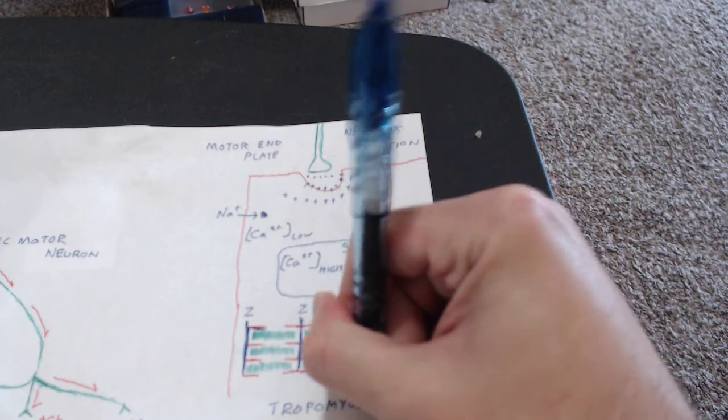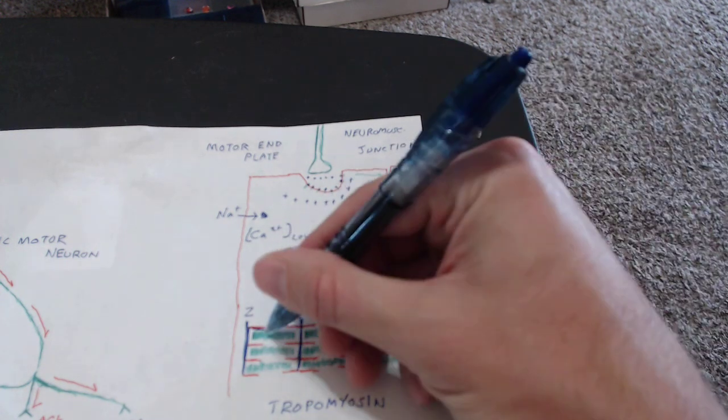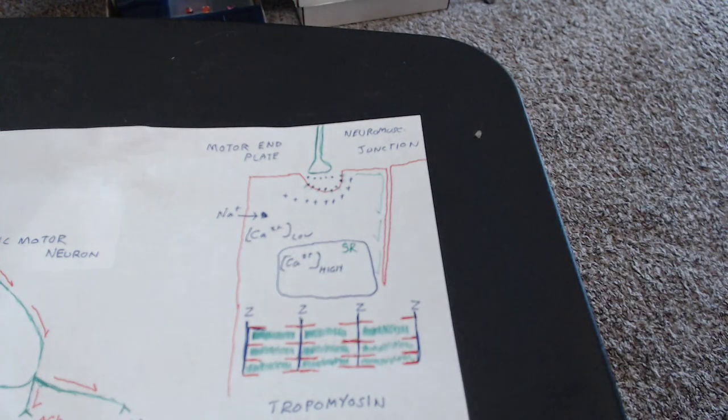Tropomyosin is a very long fibrous protein that basically winds itself along the thin filaments, the actin filaments, and blocks any sites that could be interacting with the thick myosin filaments here that you see in green. So as long as that tropomyosin is in the way, no interaction between actin and myosin can occur, and no muscle contraction is going to be possible.